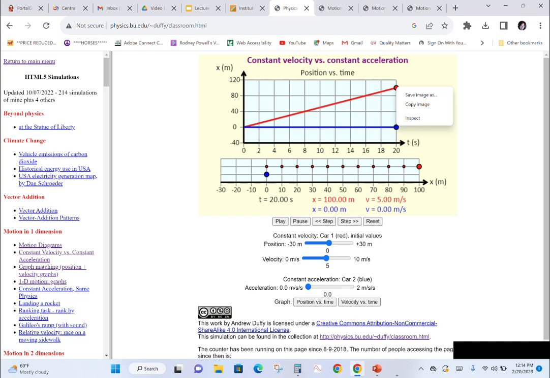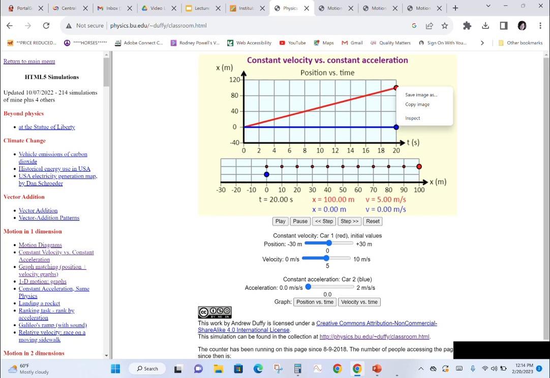The rise would be 100 meters and the run would be 20 seconds. And so that would turn out to be 5 meters per second. Notice that on our dot diagram, the red dot is equally spaced, and it is increasing its distance 5 meters every second.